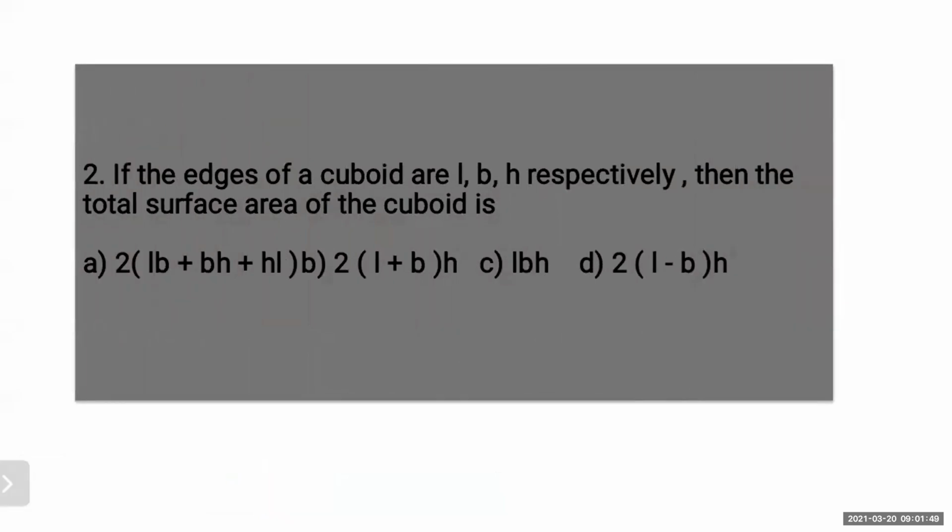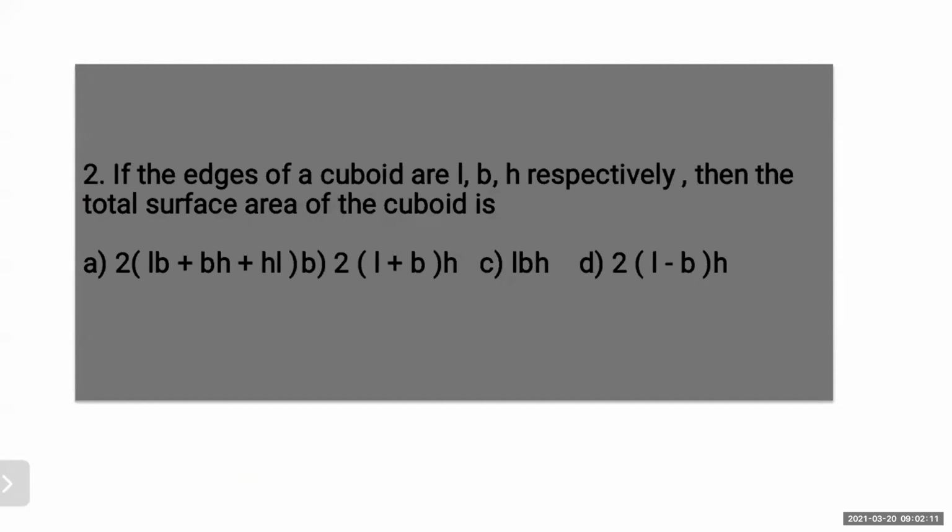The next one: if the edges of a cuboid are L for length, B for breadth, and H for height respectively, then the total surface area of the cuboid is dash. Now, students, in this particular topic, as you know, in each and every sum you have to apply the formula.